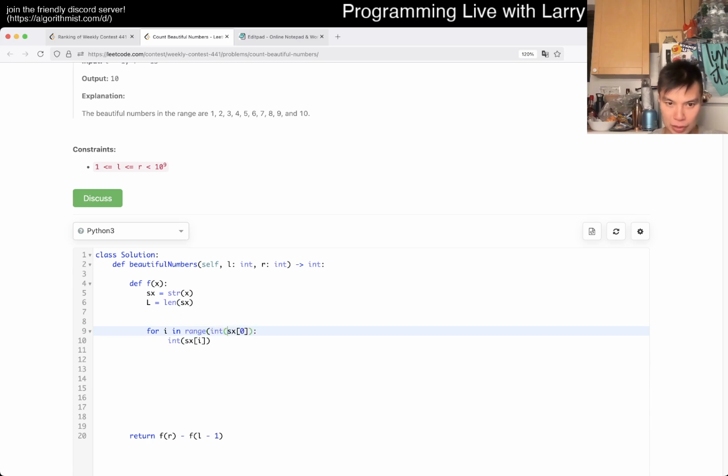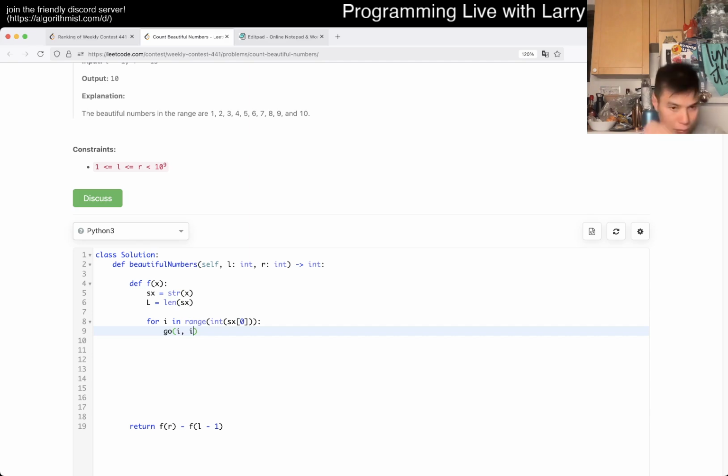Okay, so this is the first digit, and then now we want to calculate the sum, which is going to be just I, and the product is going to be also I technically, but we want to skip the prefix. I think that's the problem with the prefix zeros.